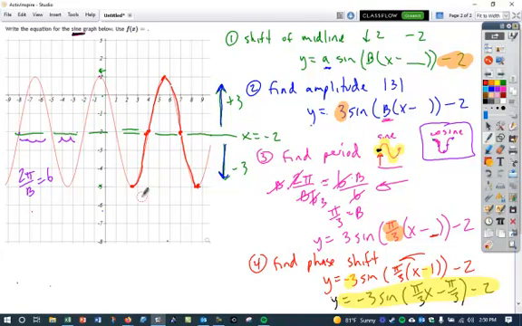When I look at that again, I still have this total period of 6, and when I set this equal to 2 pi over b and solve, I get my b value to be pi over 3. So here, looking at the equation, an amplitude of 3 could be positive or negative 3, but the cosine of my b value, pi over 3, x minus my horizontal shift, plus my vertical shift, which I see was this midline of negative 2. All of that stays the same.